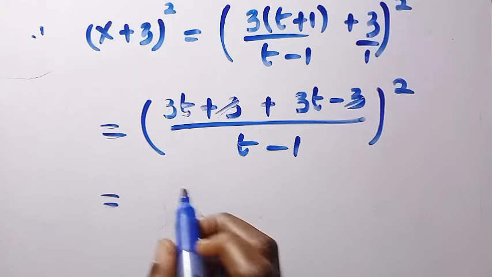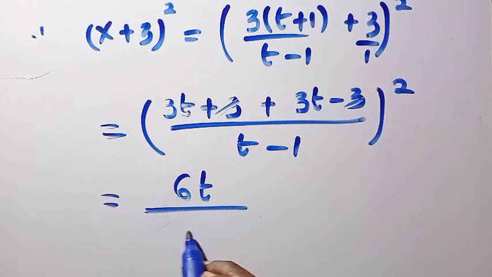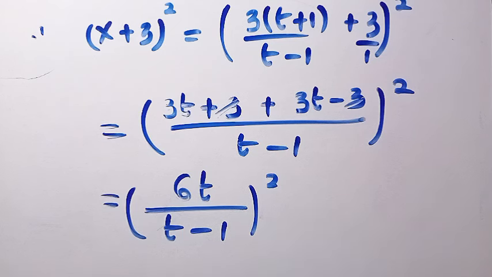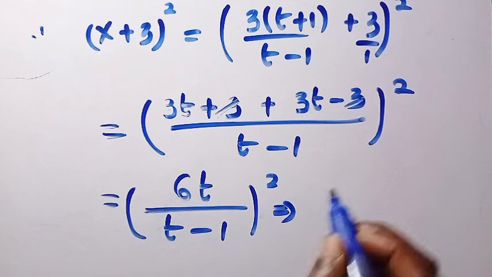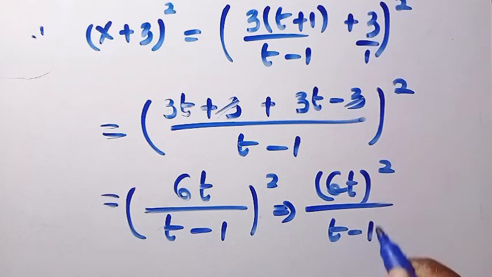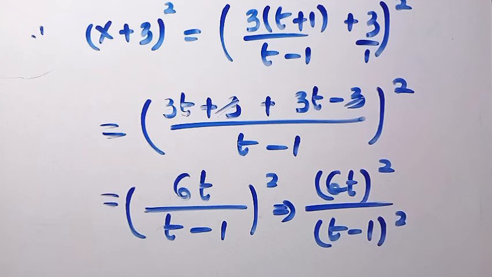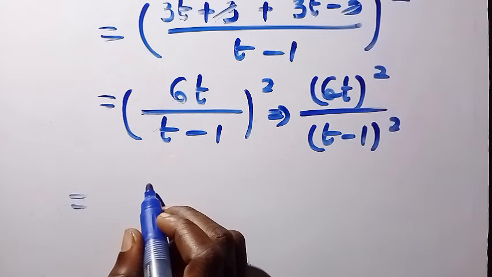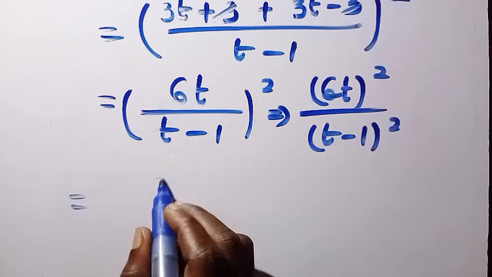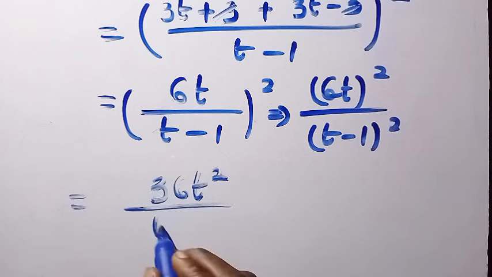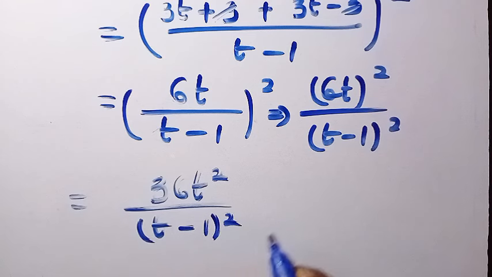So 3t plus 3t gives us 6t divided by t minus 1, all raised to the power of 2.